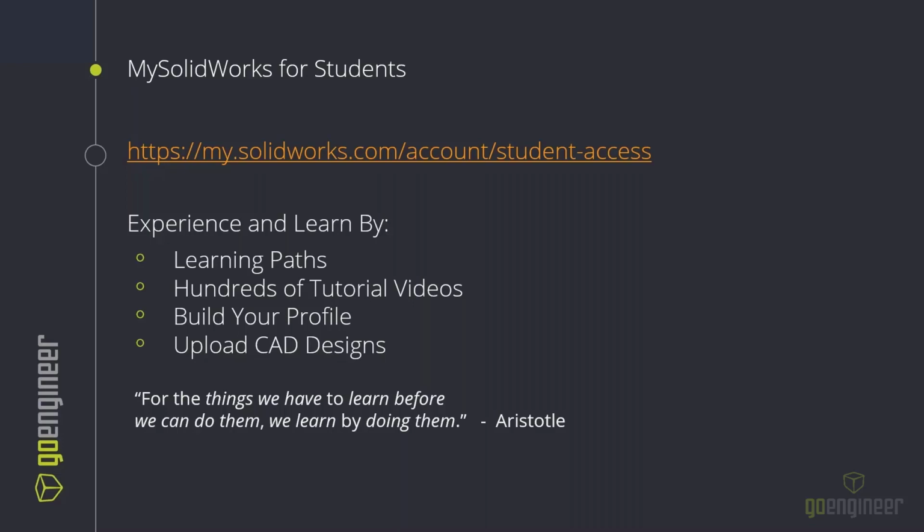Those learning paths can help you from the beginning to more advanced things. You'll be able to prep yourself for exams like CSWA and CSWP, and for specific areas of sheet metal, mold, simulation, different things like that.